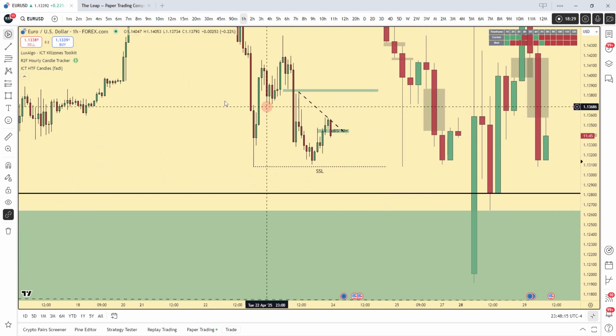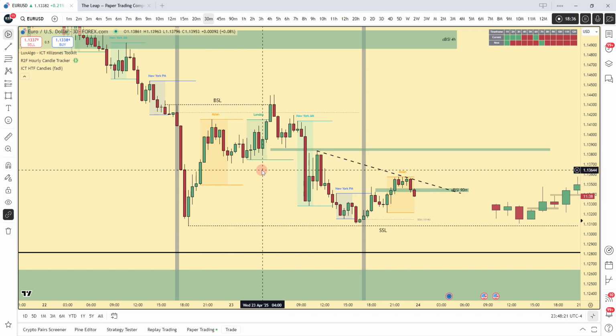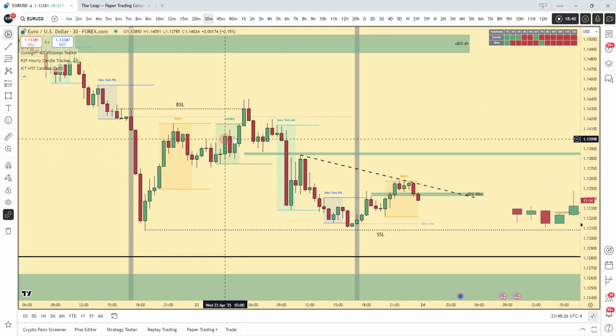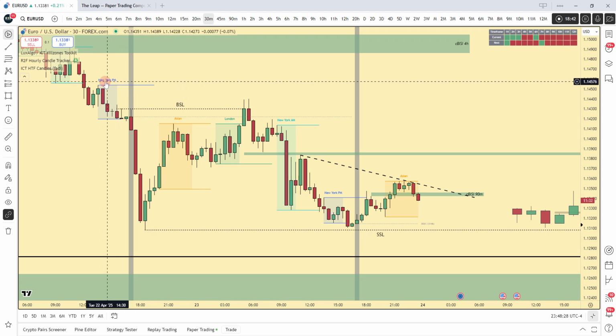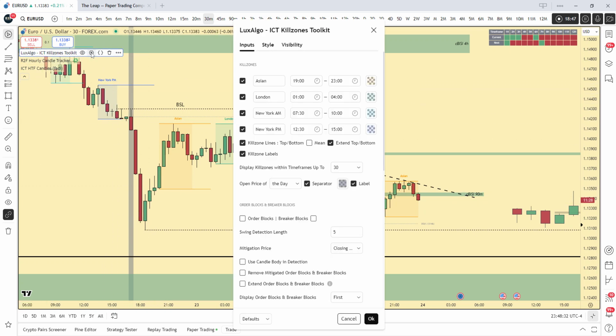Okay, and of course the ICT. I use this for my sessions. I just found it actually. Got rid of my old one, and I have my Asia, London, New York, and they separate it as it is to a new daily candle. Many settings.